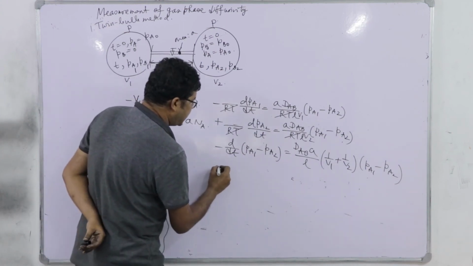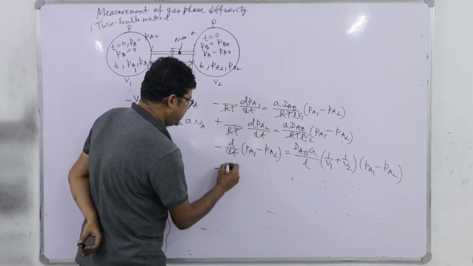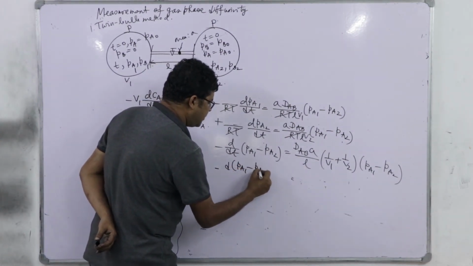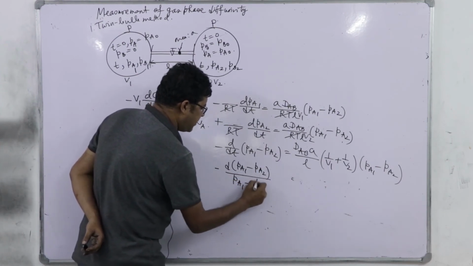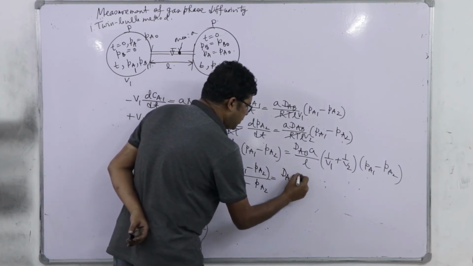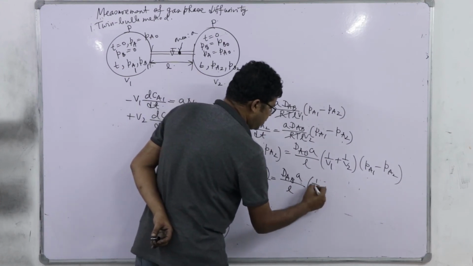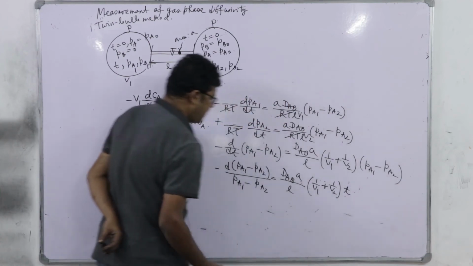So, if I integrate this, d of (PA1 minus PA2) with a minus sign divided by (PA1 minus PA2), upon integration we will get DAB by L into (1 by V1 plus 1 by V2) into t, right.